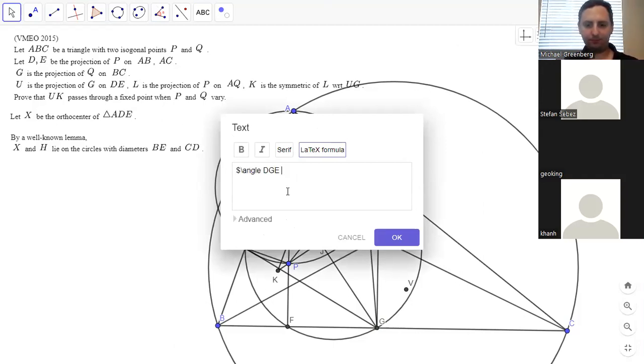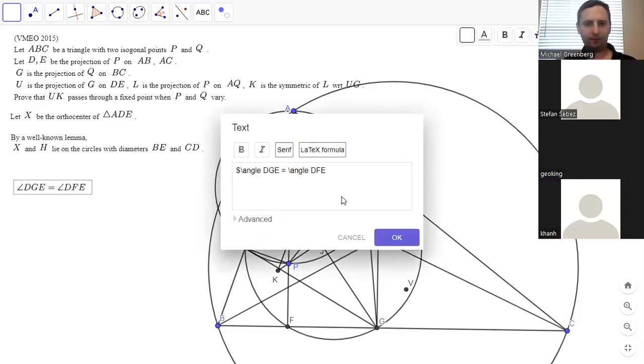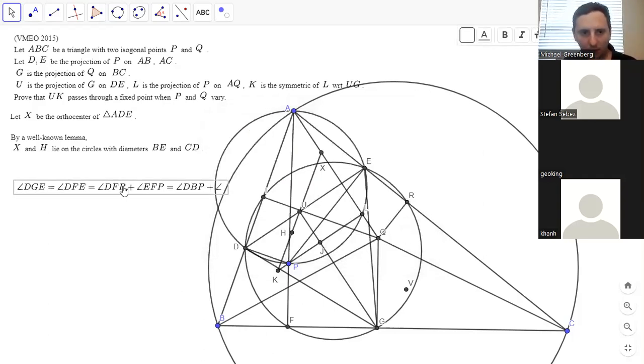BDPF and CFPE are cyclic. It is an easy angle chase. Oh yeah, I like that. So that's DFP plus EFP. And that's DBP plus so ECP.